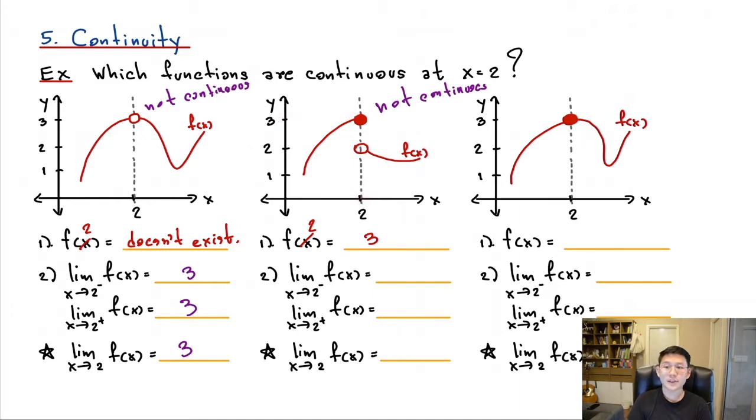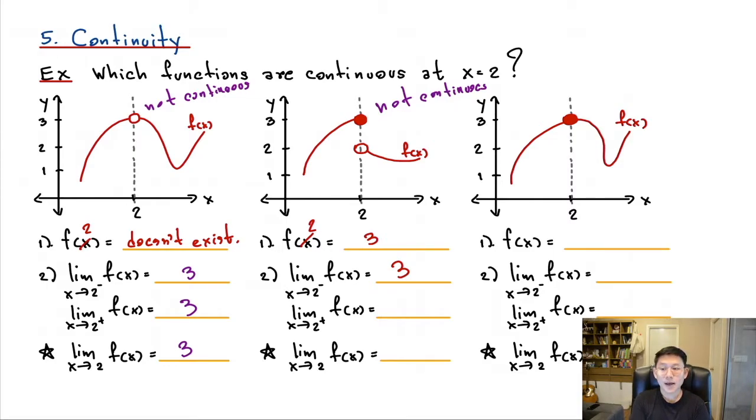And the limit as x approaches 2 from the left hand side is 3, because as x approaches 2 from the left, y approaches 3.